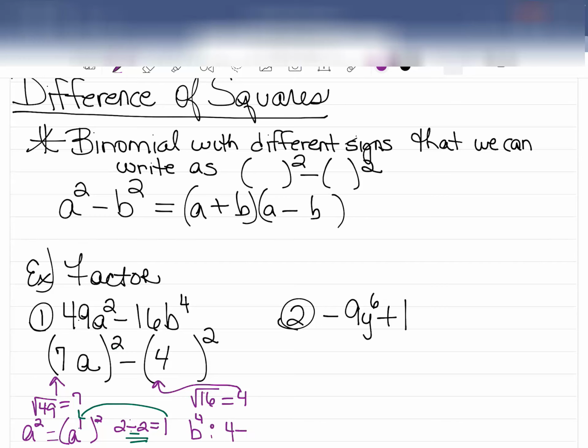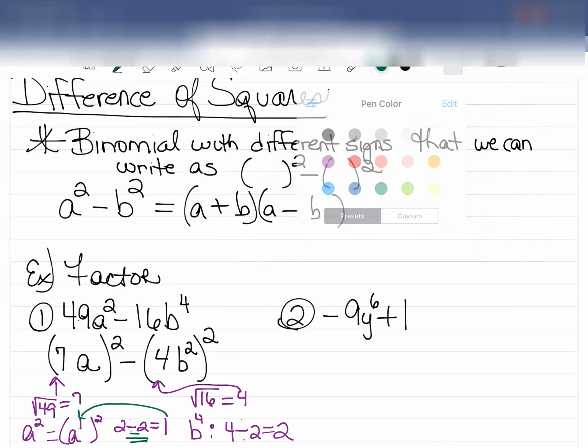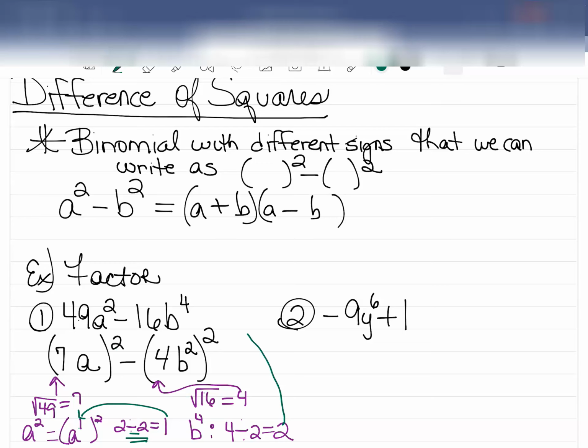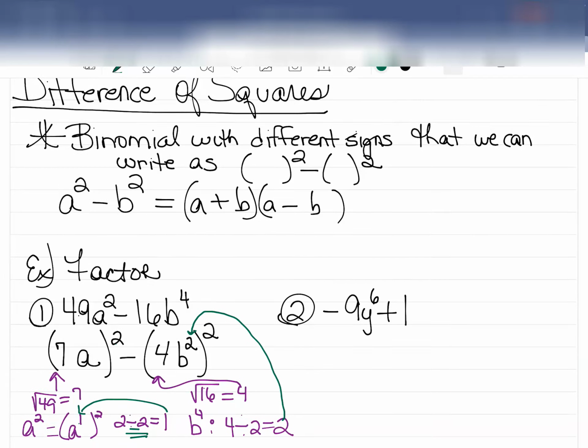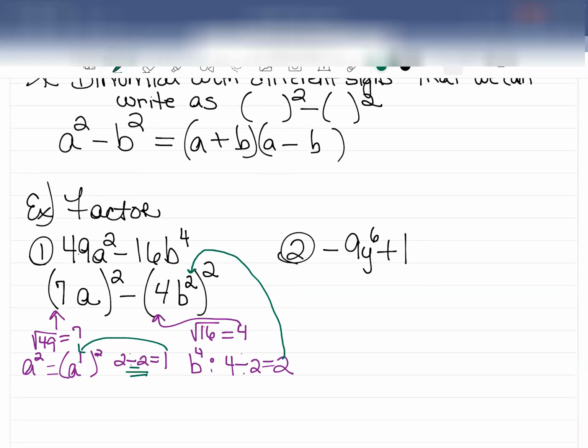So I'm going to take the 4 and divide it by 2 to get a 2. And that 2 that I'm getting is my exponent on my b now. Now that I've figured out what's being squared, I'm in my home stretch. I write my 2 parentheses.